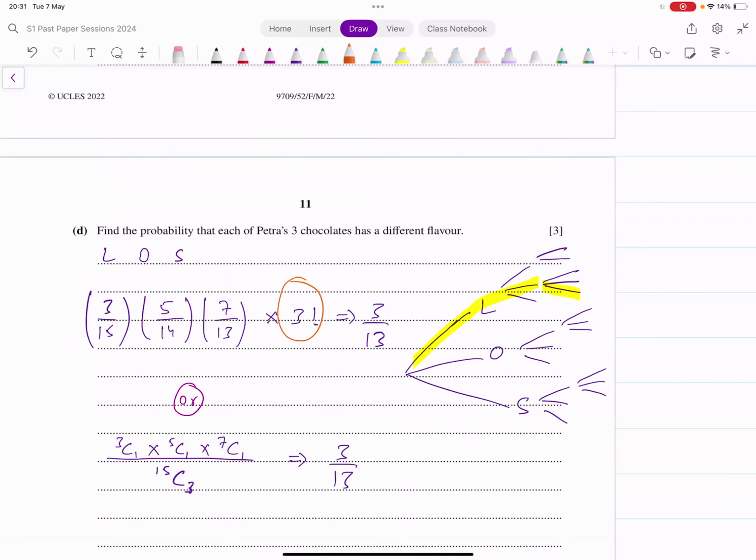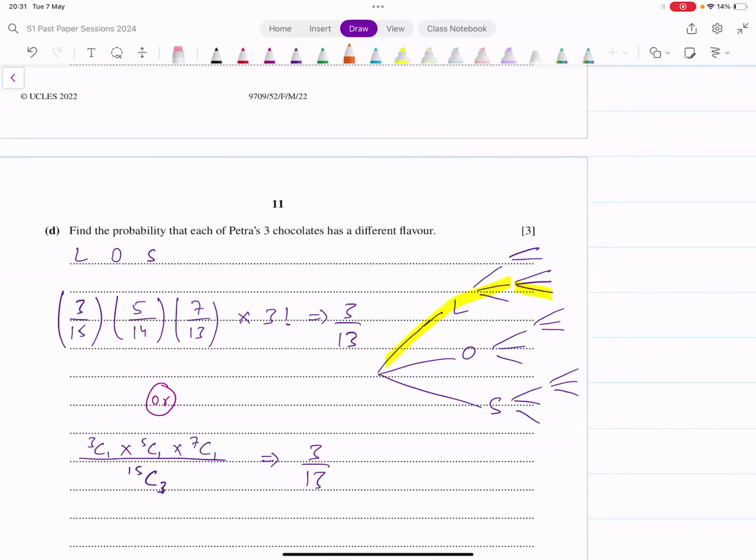Do not get confused by 3 factorial that we're actually considering arrangements of this. It's basically that on the tree diagram, we have 6 different paths that can give us the same condition, that the 3 chocolates are different. So this 3 factorial was used basically to reduce our working, that we don't have to calculate all of those cases separately and then add them together.